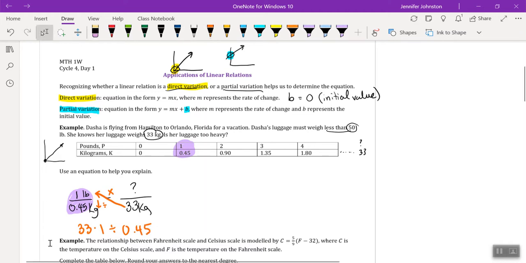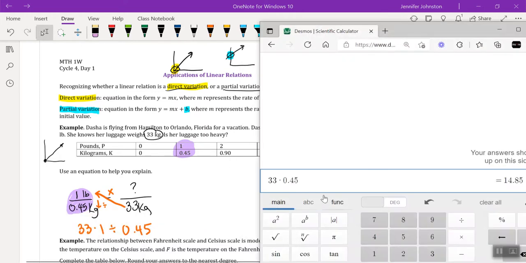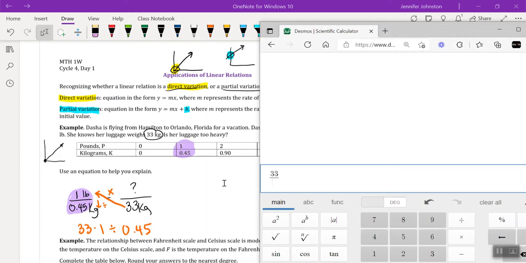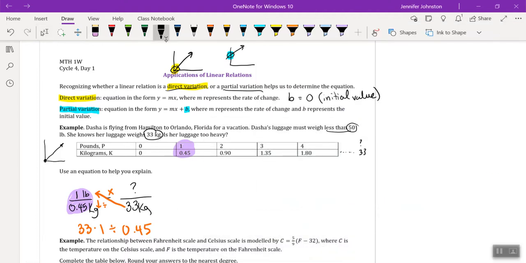Okay, let's go check that on our Desmos calculator. 33 times 1, which is 33, and then divide it by 0.45. All right, we get 73.33. And what does that represent?